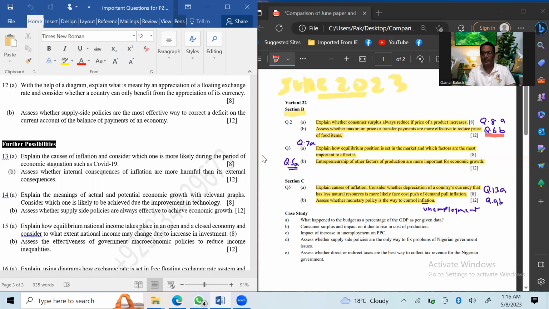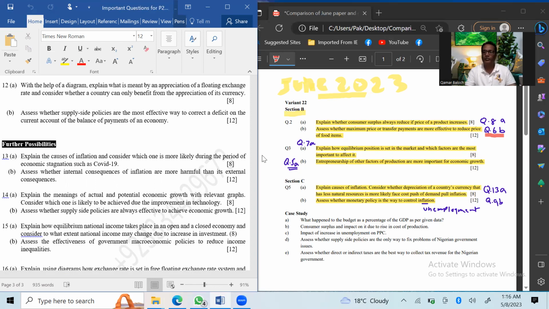So the country that has lesser natural resources is more likely to face cost push inflation because economic activity will decrease, and these countries have more reliance on imported raw material, imported oil, imported technology, machinery, and tools.